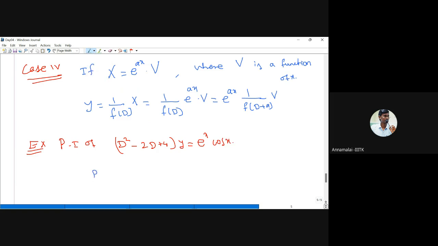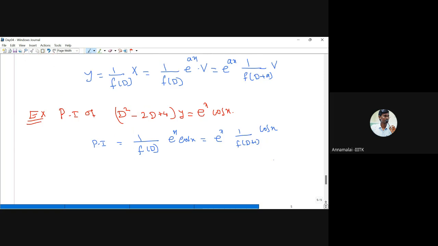Therefore, the particular integral is 1 by f of D into e power x into cos x. If you take e power x outside from the operator f of D, then we have 1 by f of D plus 1 into cos x. So just replace D by D plus 1, we get 1 by (D plus 1) square minus 2 times (D plus 1) plus 4.